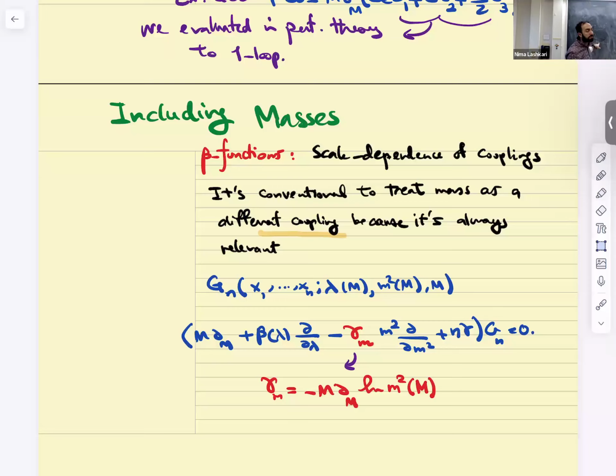And as RG flow, there's no guarantee, unless there's some rule or principle that tells you a term could not be generated, it will be generated. Diagrammatically, I recommend just going through that integration of a thin momentum shell.